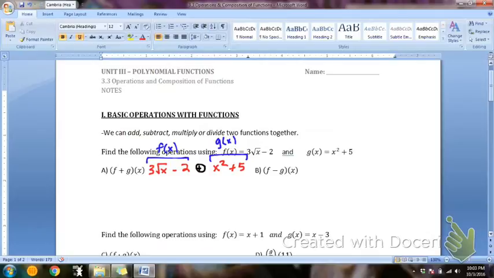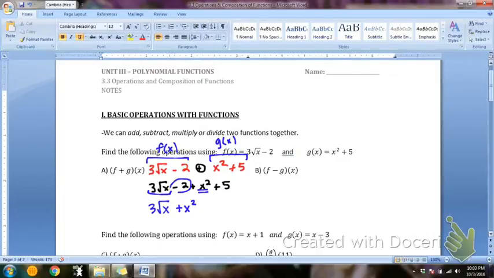So really, all I have to do now is combine like terms. So if I'm looking at this problem, I can rewrite it and you can see 3 radical x minus 2 plus x squared plus 5. So if we look, there's nothing that can combine with 3 radical x. We haven't seen that before, but that doesn't necessarily matter. 3 radical x goes down by itself. I have an x squared. There's nothing that combines with x squared.